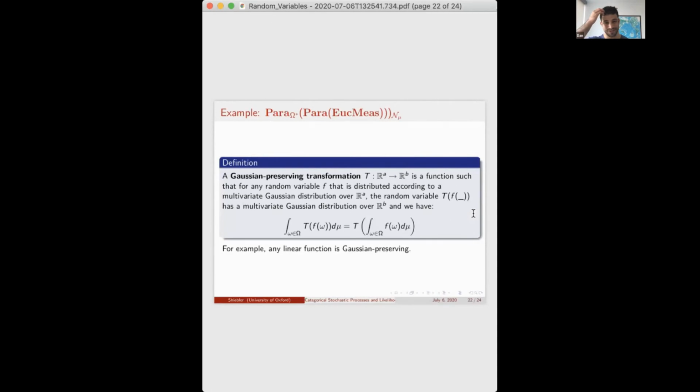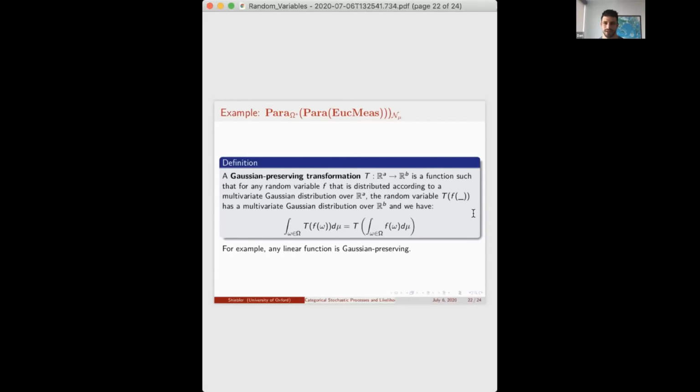I guess I have two minutes, so I'll give the example that I had. One example is this category para-para-Eukmez N. I know, the names are terrible. It is a category of Gaussian preserving transformations.